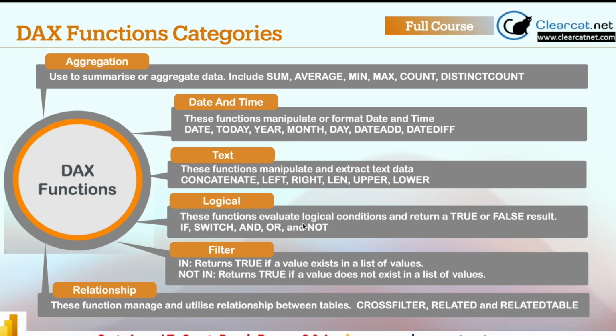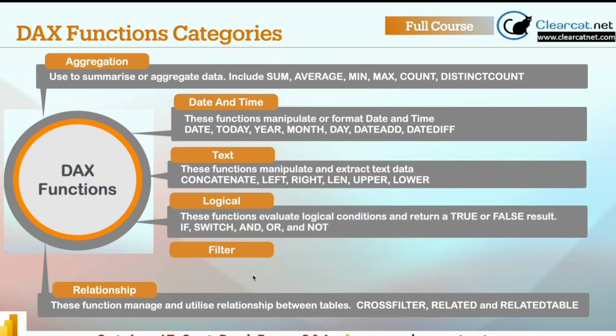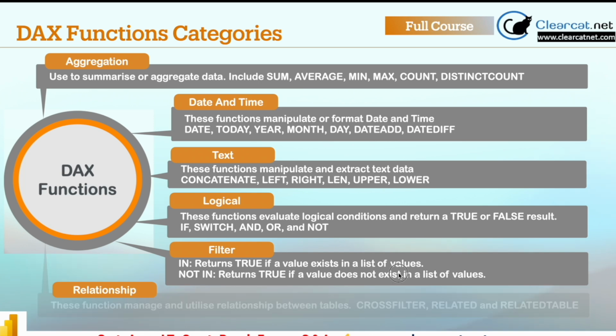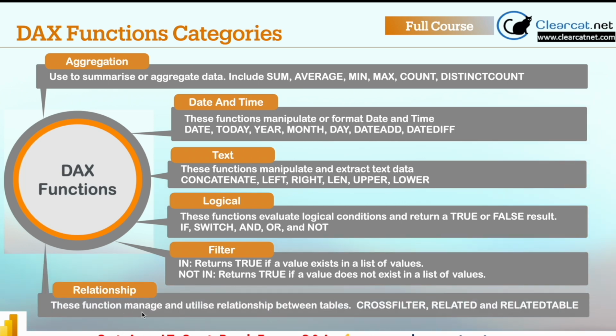Logical: these functions evaluate logical conditions and return true or false results, like if, switch, and, or, and not. Filter: in and not in, return true or false as per our argument. Relationship: these functions manage and utilize relationships between tables, like cross filter, related table.